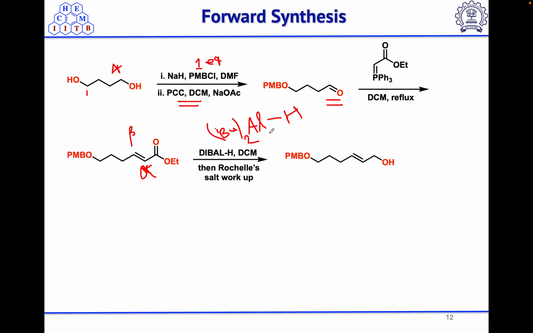But what will happen to this aluminum reagent? After the reaction, it will form an emulsion-type solution in your RB, the round bottom flask, in your reaction mixture basically.